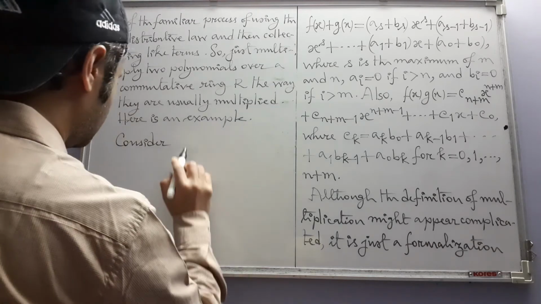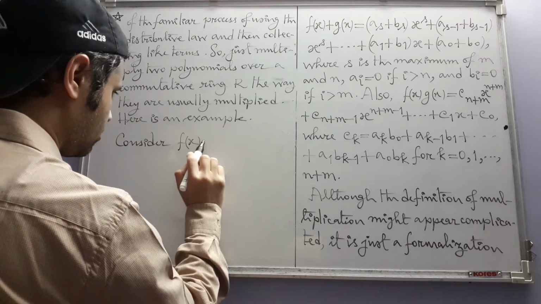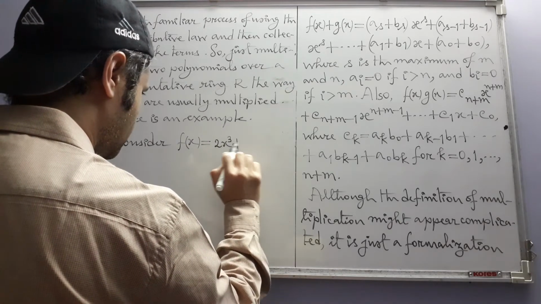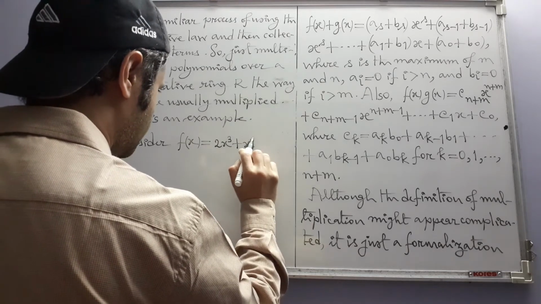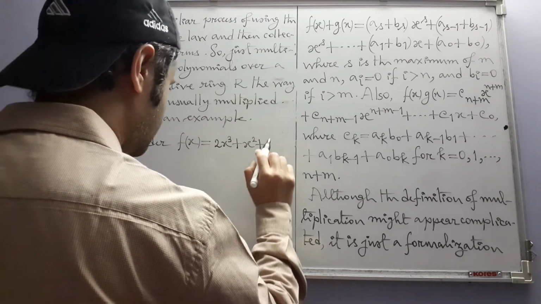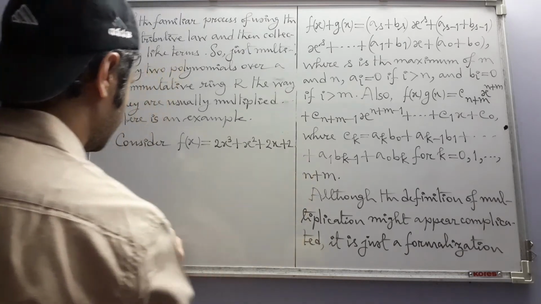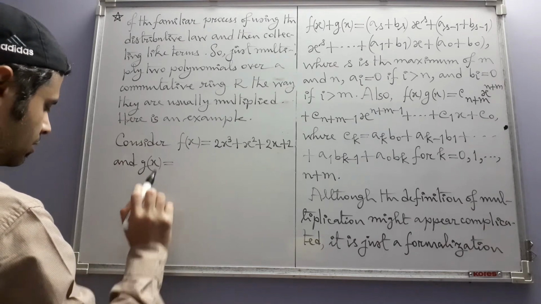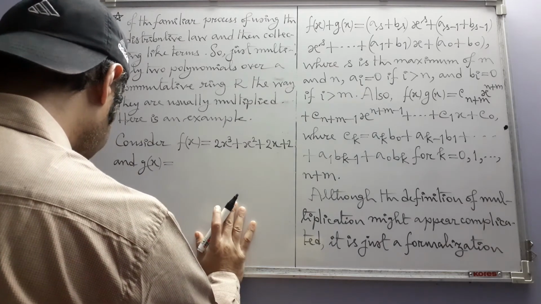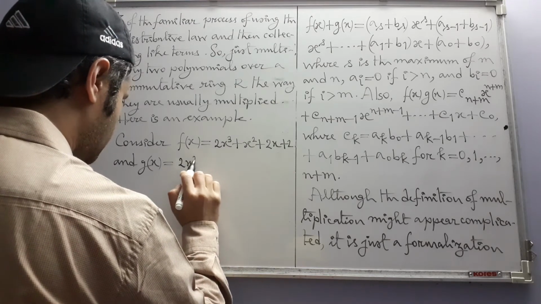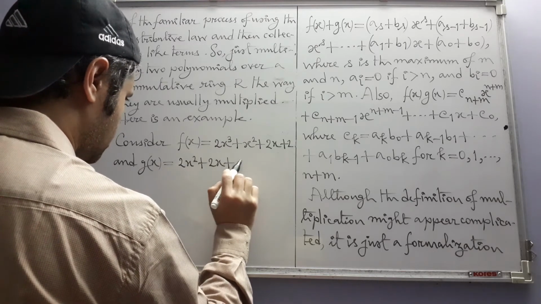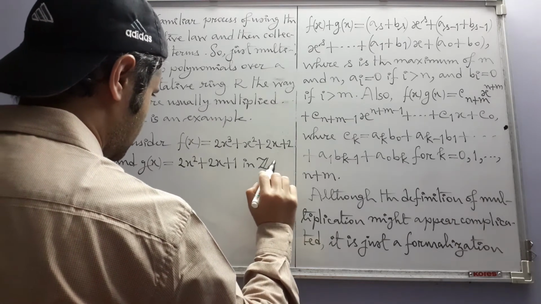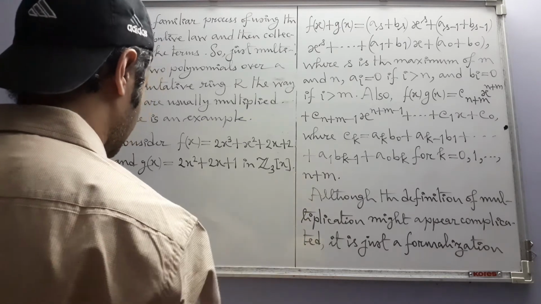So we are going to consider two polynomials: f(x) is 2x cubed plus x squared plus 2x plus 2, and g(x) is 2x squared plus 2x plus 1 in Z3[x].